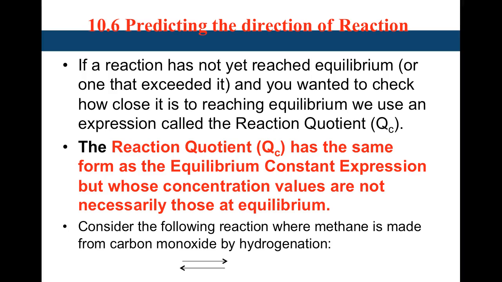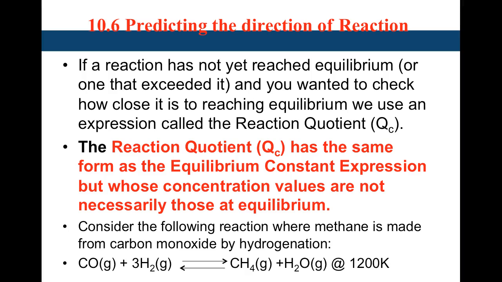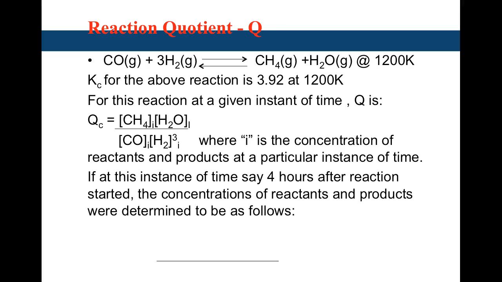Consider the following reaction where methane is made from carbon monoxide and hydrogen at 1200 K. So you're making methane, CO, carbon monoxide, and hydrogen combining to make methane and steam. Here you've been given the Kc for this particular reaction at 1200 K. It's 3.92.